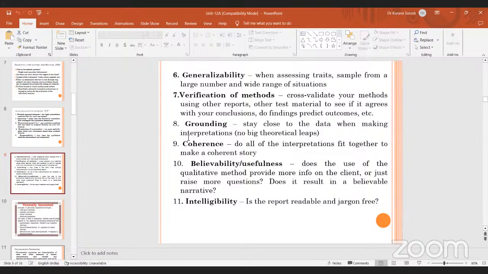This total process of the coherence is all the interpretation of together coherent stories. Believability and usefulness.